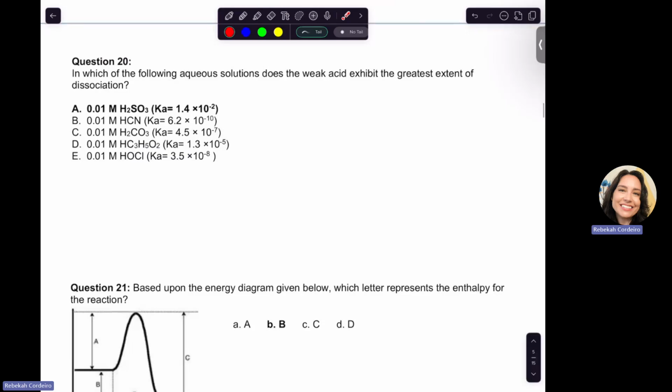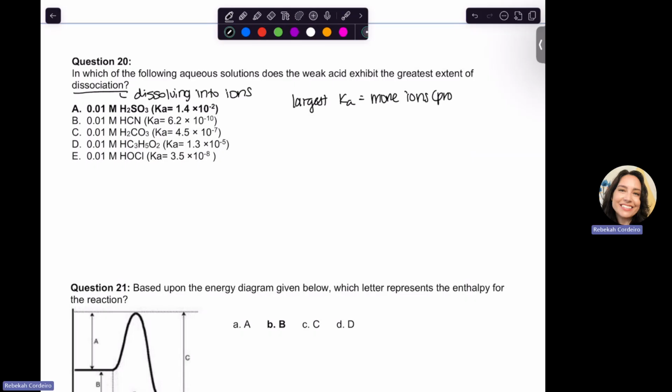All right, in the following aqueous solutions, in which does the weak acid exhibit the greatest extent of dissociation? So what does this mean? Dissociation means dissolving into ions. These are all weak acids. Which one dissolves into ions the best? So we're looking for the largest Ka, which means more ions, because the ions of an acid reaction are the products.